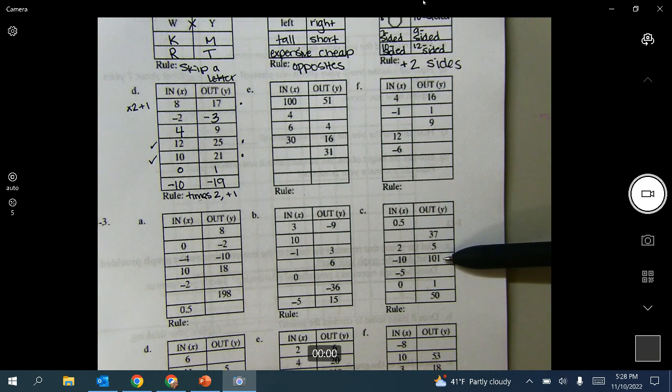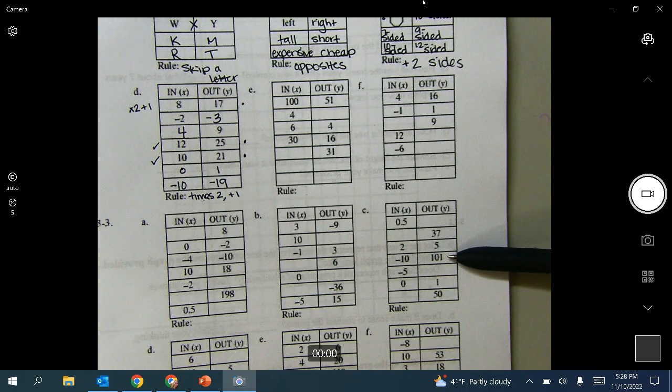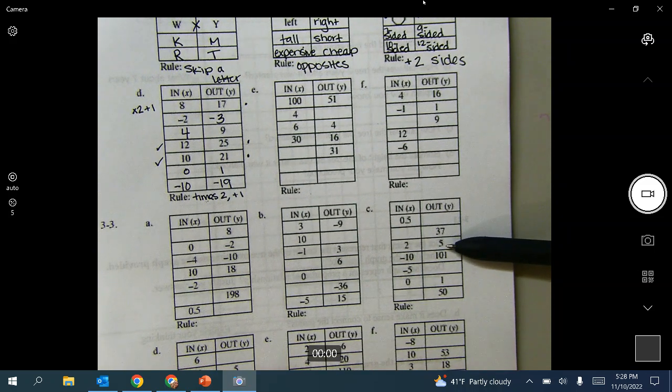And then right away, this number right here catches my eye because I know that negative 10 times negative 10 is a positive 100. Okay, if I add 1 to that, then I would get to 101. Okay, here, if I do 2 times 2, so I'm timesing this number by itself, I would get 4 plus 1 would bring me 5.